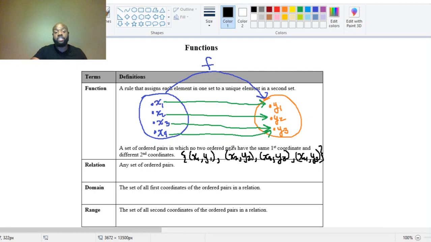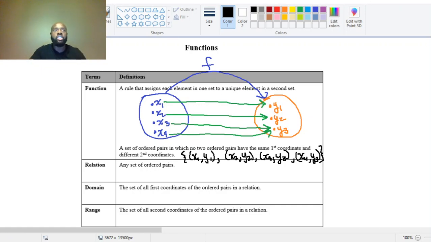And so basically what this means is if you look at the ordered pairs, x1, x2, x3, and x4 are completely different. So in this set of ordered pairs, no two first coordinates are repeated. Now, these are your textbook definitions.